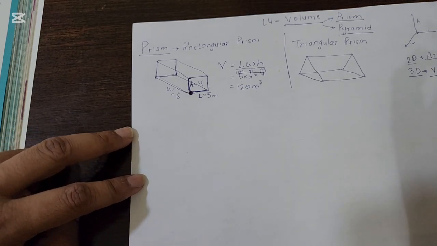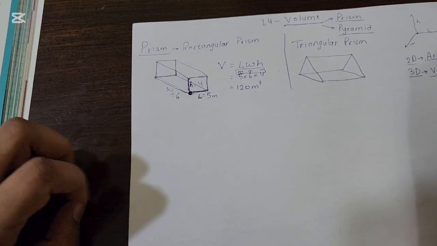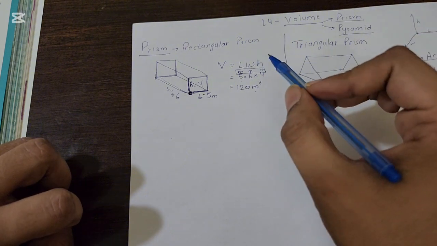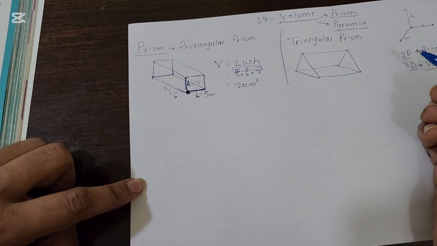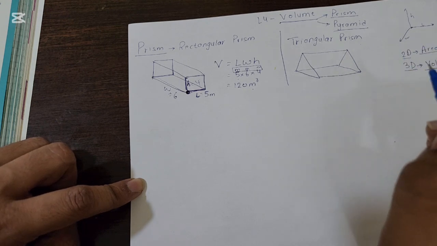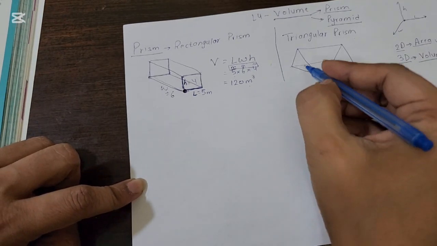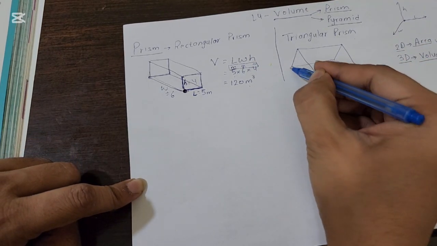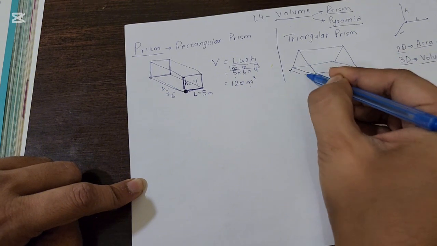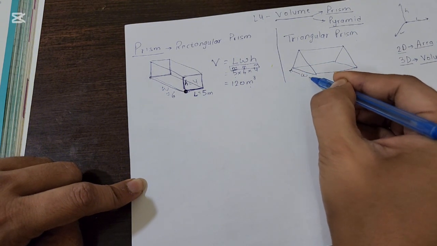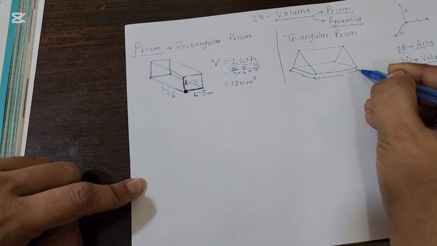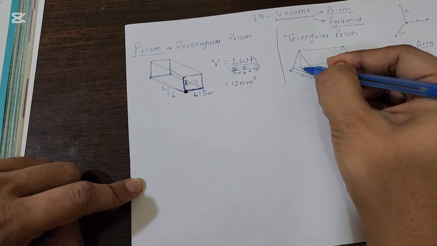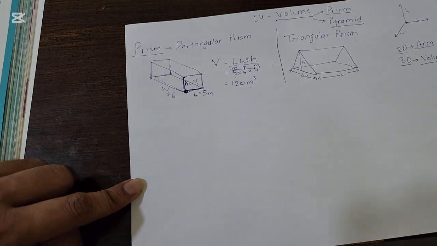Now I will try to make the formula simple for you. The basic concept to find the volume is different, but I want to make it easy for all the students. You have to take only three numbers here: the length, width and height of this prism. Let's say this one is the width, this one is the length, and this one is the height. Remember these three numbers only.